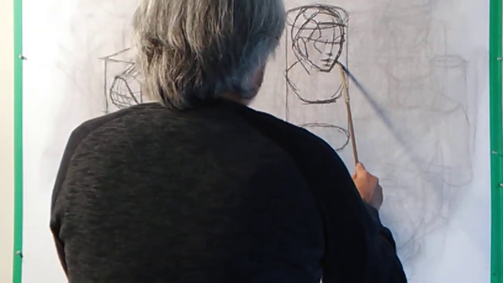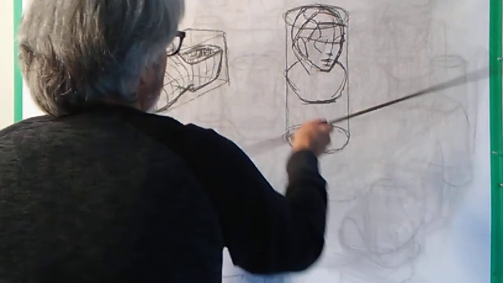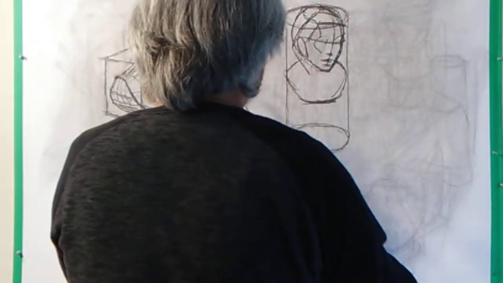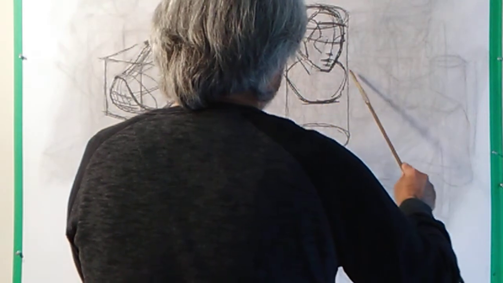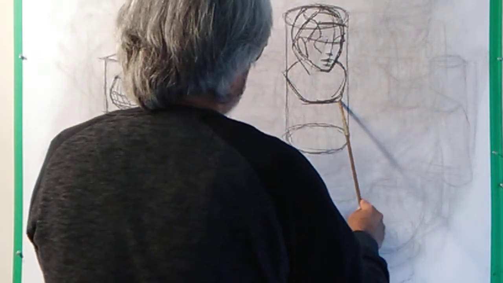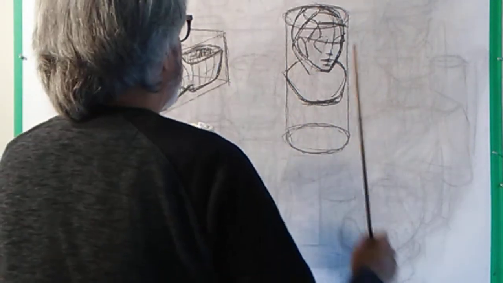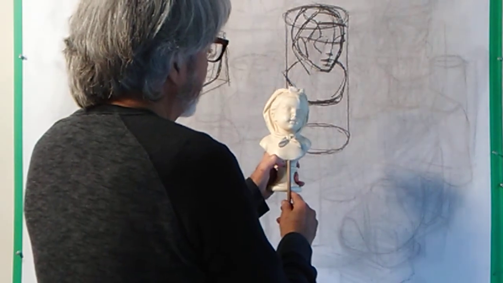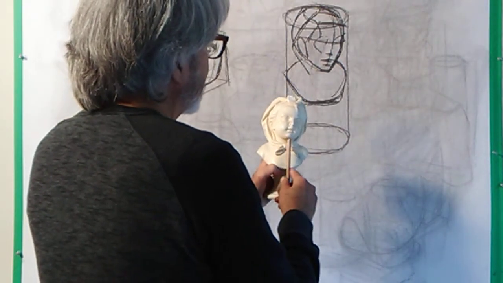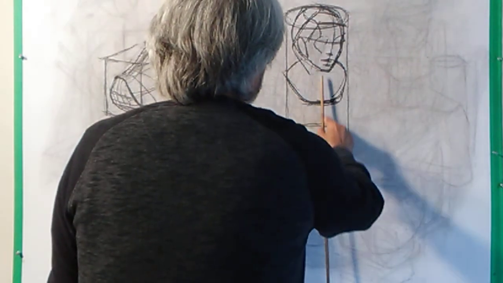So now we've got the top part of the body, and we're looking at this angle, and I want to make sure I've got it facing in the right direction. It's close, but I do want to curve it a little bit more this way. Okay. Now, the other thing that I would want to watch with these proportions is I'd want to watch from the bottom of the base to this chest, and when it comes up, it's just underneath the chin, and I want to watch and see what this does.